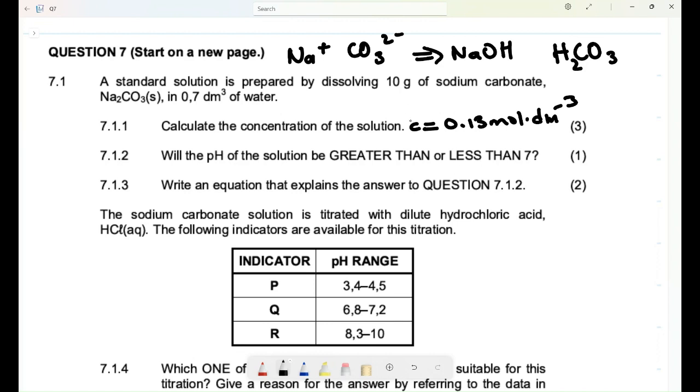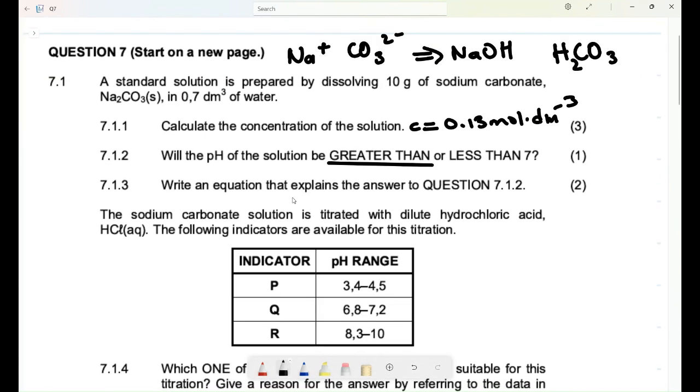Then what happens? We want to know if it's going to produce a solution with a pH that is greater than or less than 7. Since I told you this is a weak base, it means the pH should be basic. So if a solution is basic, it is greater than 7, right?